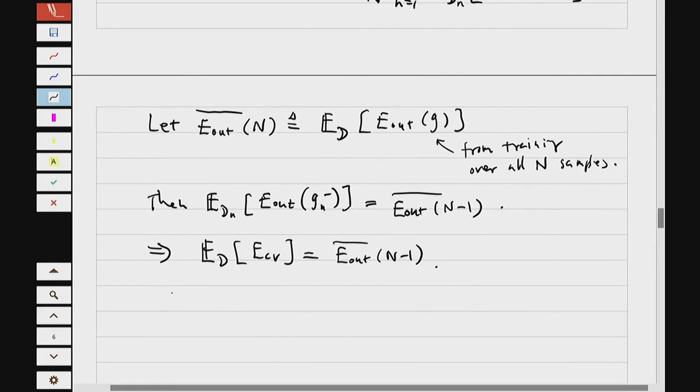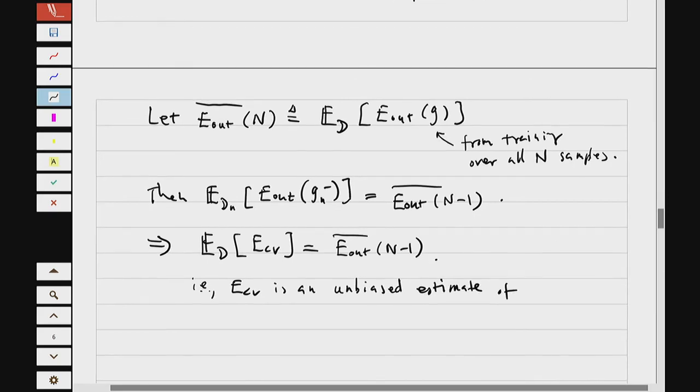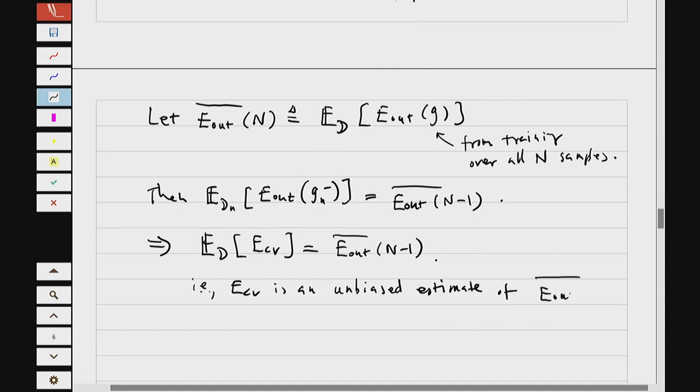So in other words, ECV is an unbiased estimate of some test error, but that test error is not your regular E out. It is E out with n minus 1 data points, which is interesting.